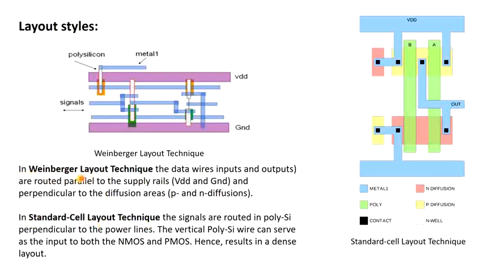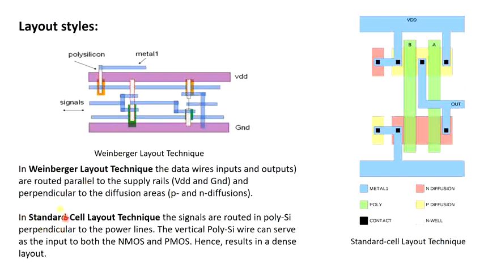So in this Weinberger layout technique, what is happening is that the data line wires, you can see here, all these signal lines, the inputs or the output, are routed parallel to the supply lines. So you can see these are the supply lines, VDD and ground. So signal lines are also parallel to these supply lines, and obviously this has to be perpendicular to the diffusion areas.